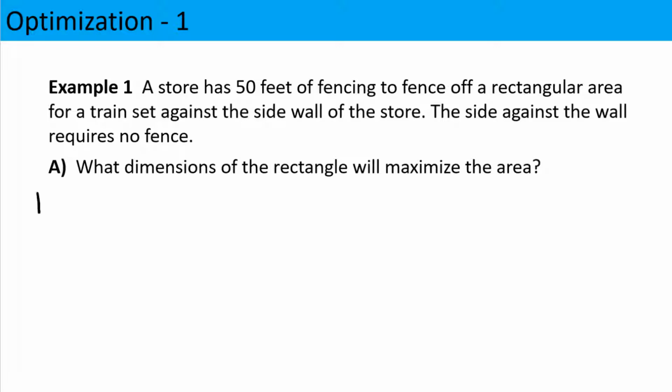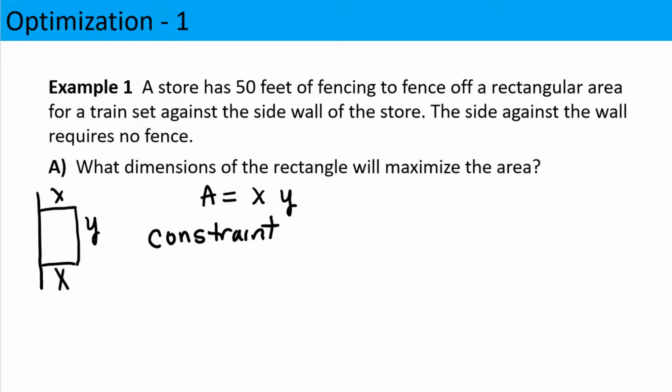I will draw a vertical line to represent the side wall, and then two sides coming out of the wall, and then one opposite. The two sides adjacent to the wall we will call X, and the side opposite the wall we will call Y. Now, we want to maximize the area, so we know that area is equal to length times width, what we can represent as X times Y. We have a constraint.